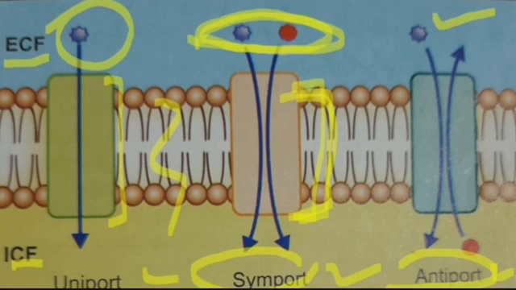Two molecules pass at a time in different directions through this carrier protein. Maybe one molecule passes from outside to inside, and the other passes inside to outside. This way you can see uniport, symport and antiport over here.